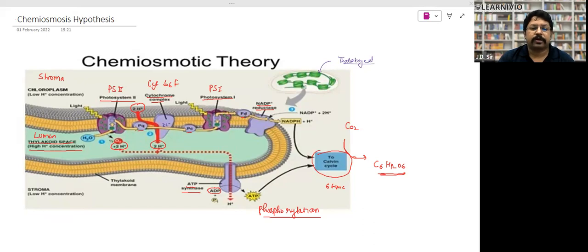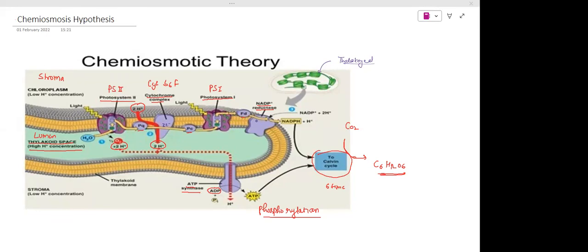From photosystem 1, it goes to ferredoxin, and from ferredoxin to NADPH. That is the final acceptor of the electron. Is that clear? Getting my point? Okay. Yes, sir.